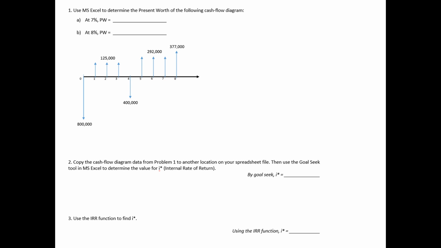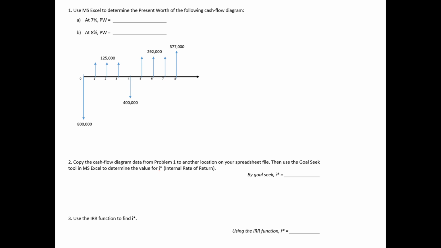So on this, you've got a cash flow diagram. So start up Excel and find out if you have 7% interest, what is the sum of the present worths? And then what about at 8%? And I think what you'll find is that at 7%, one of them is negative, one is positive. At 8%, it'll be negative.